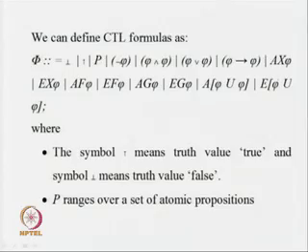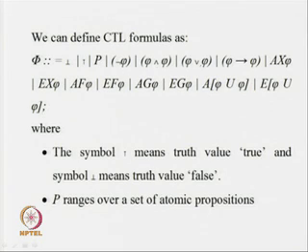With these 4 temporal operators, in conjunction with the path quantifiers A and E, we get 8 different forms of CTL formula: A x phi, E x phi, A f phi, E f phi, A g phi, E g phi, A phi until psi and E phi until psi.